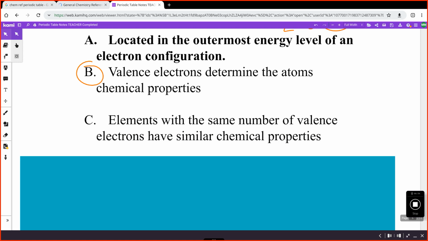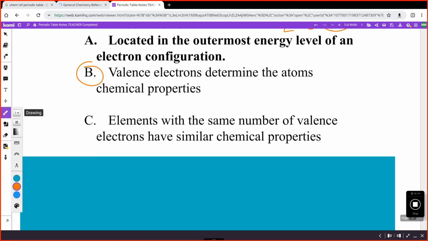So if I use beryllium as an example, beryllium having an electron configuration of 2-2, then anything also having 2 valence electrons will behave similarly.